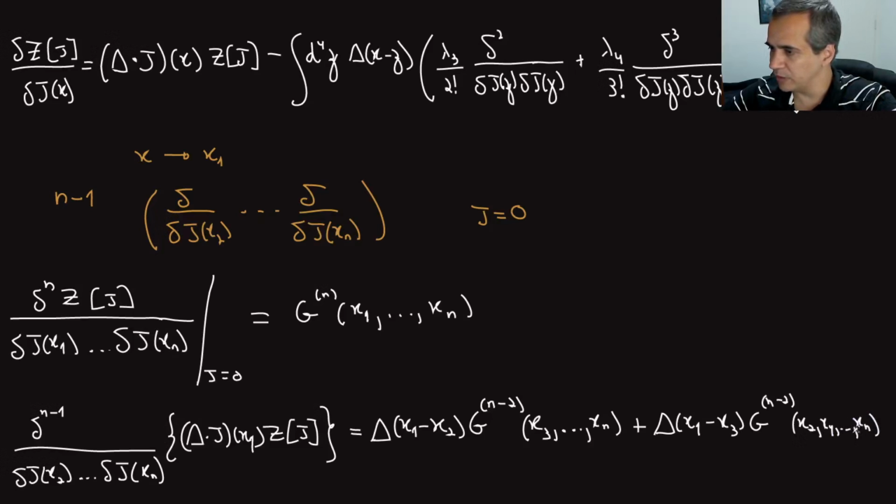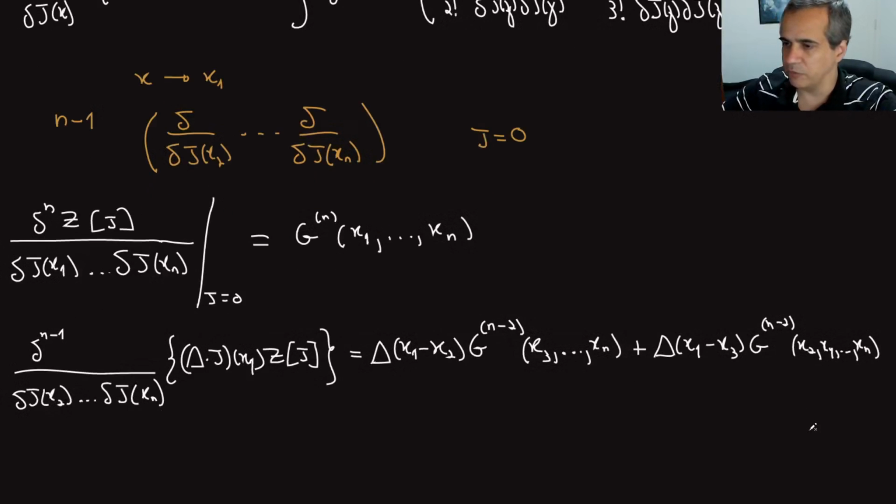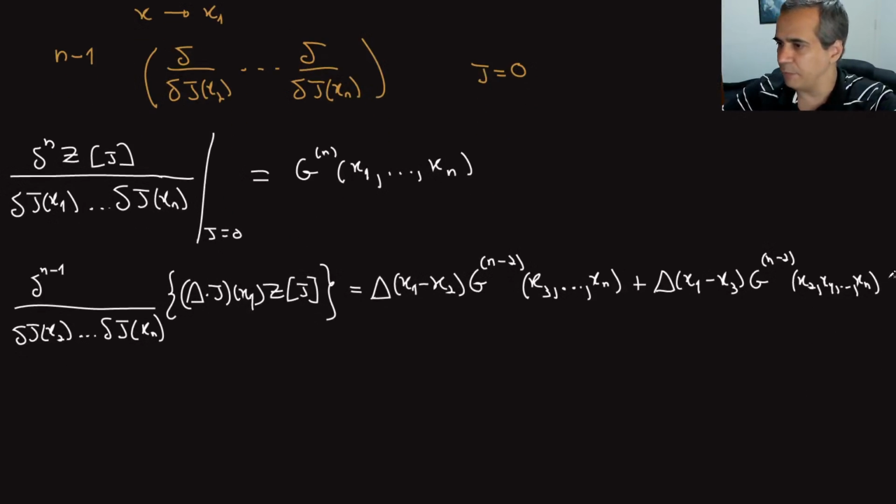This one does not depend on x3, only on all the other variables. And that goes on; I have many terms like that, which are a propagator from x1 to some point, and then a green function of all the points except x1 and whatever other point appears in the propagator. It's always x1 and some other point, and you go through all the combinations, including xn.